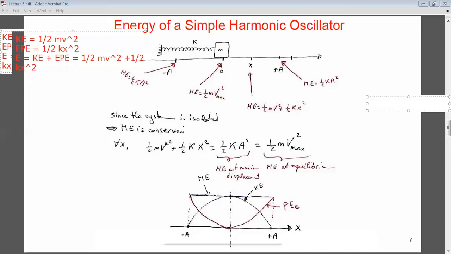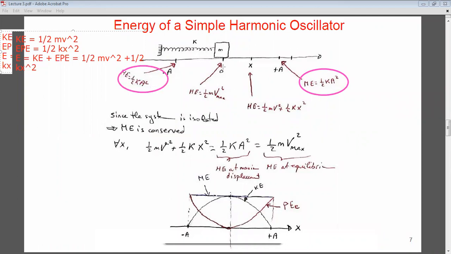Now, what is happening at the extremes? At the extremes, the object stops, so there is no velocity. There is only EPE, which means it is half kx squared. But how much is the x at the extremes? It is A. So mechanical energy at the extremes is half kA squared. What happens exactly at equilibrium?